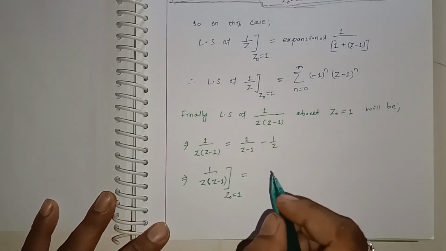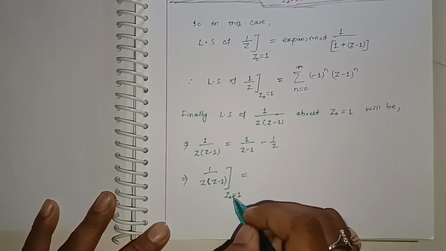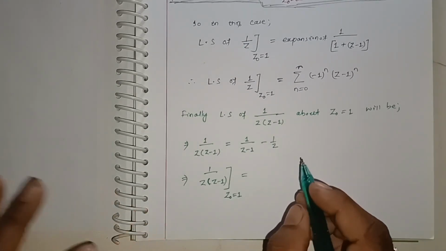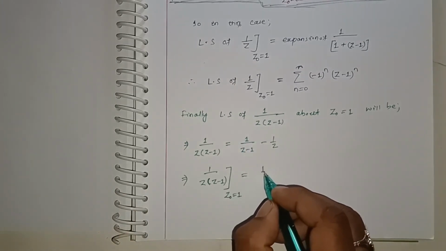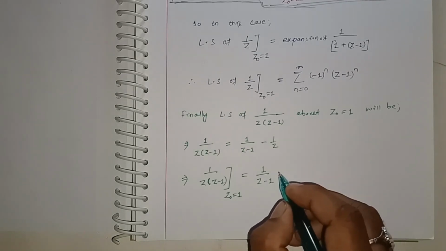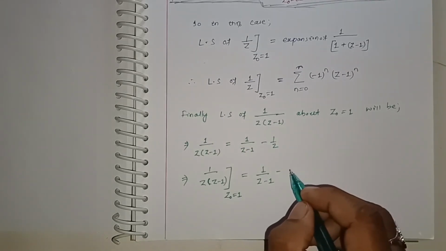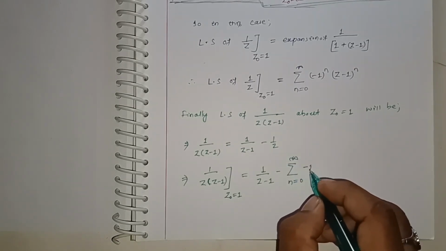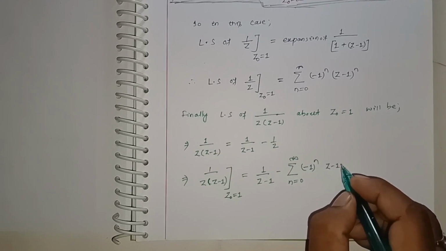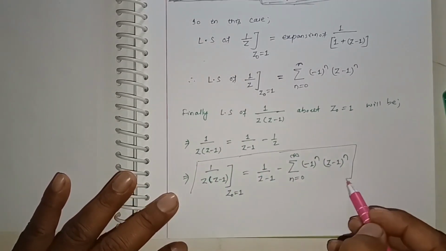The Laurent series we have to find will be equal to the Laurent series of this one about z0 equal to 1, which we already found. The Laurent series of 1 by z minus 1 about z0 equal to 1 is itself 1 by z minus 1, minus the Laurent series of 1 by z about z0 equal to 1, which is nothing but summation over n equal to 0 to infinity minus 1 to the power n z minus 1 to the power n. So this is the final answer of the given question.